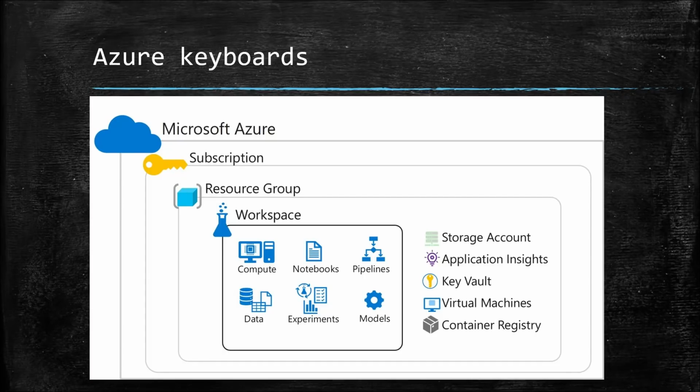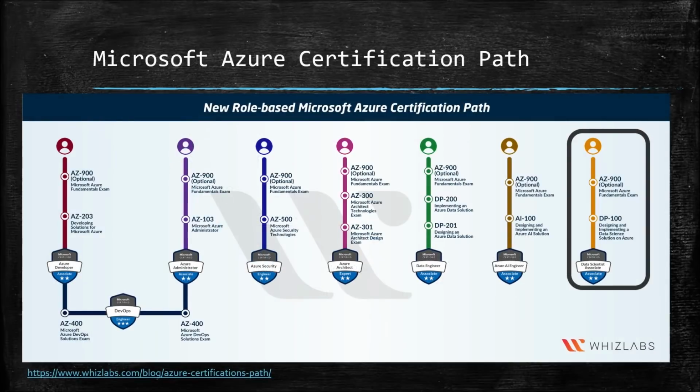We have the Key Vault. It's just like the vaults in a bank, for you to keep secrets or passwords and stuff about the model or the application. And then we have the virtual machine I explained earlier on, and we have the container registry. The container registry is just for managing and building containers.